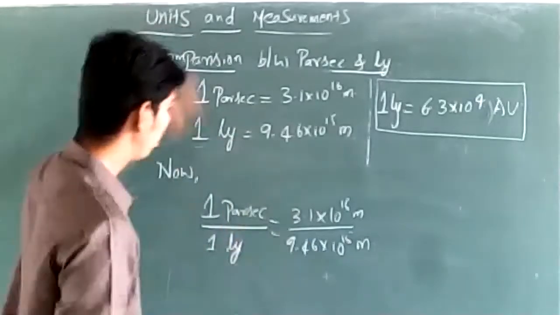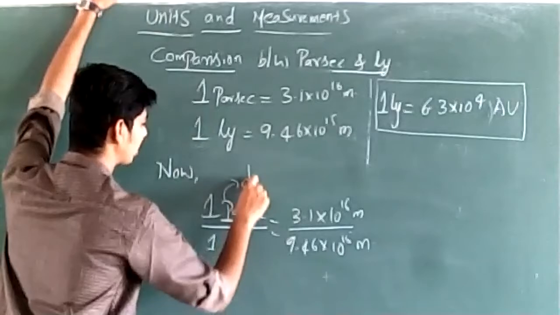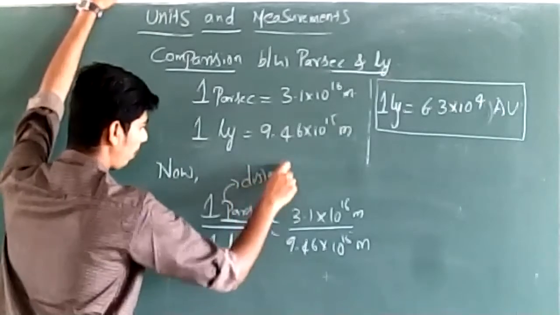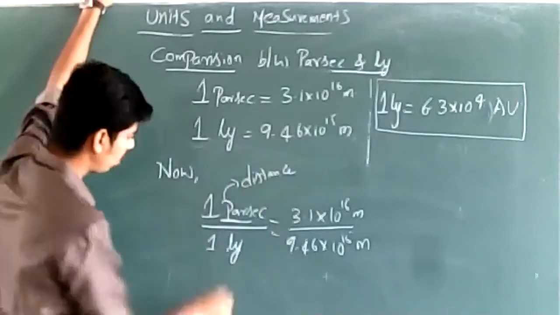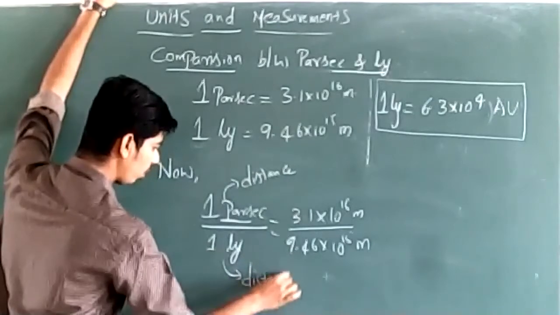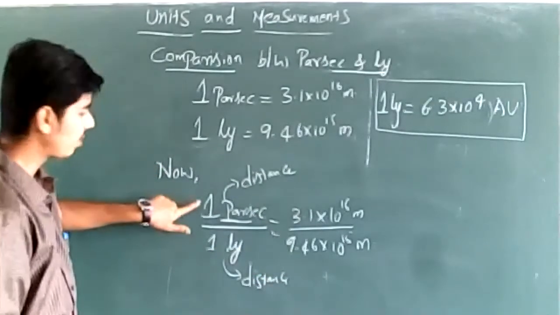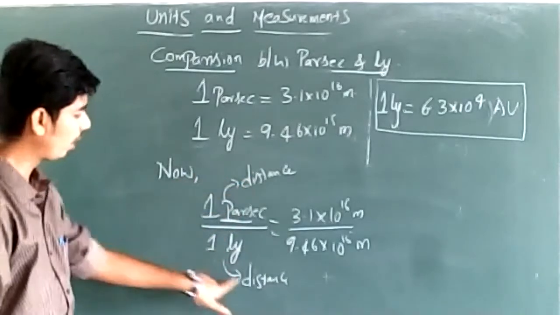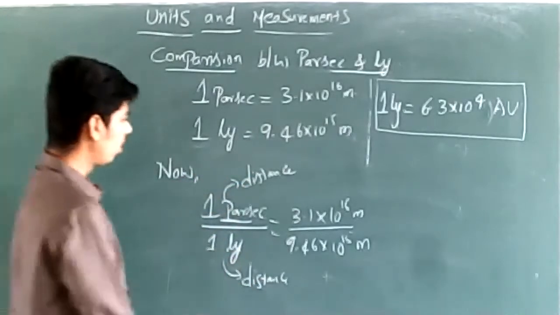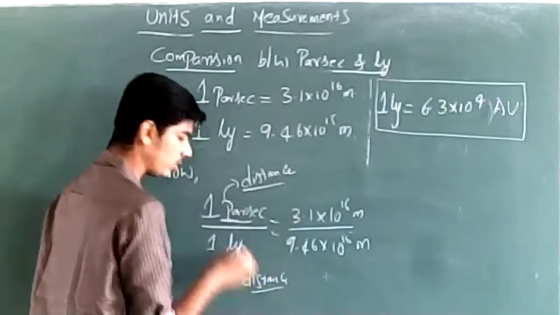See, observe one thing. 1 parsec is a unit of distance. 1 light year is also a unit of distance. ಇವೆರಡು ಯಾವುದು ಯೂನಿಟ್ಸ್? ಡಿಸ್ಟೆನ್ಸ್ ದ ಯೂನಿಟ್. ಕರೆಕ್ಟ್ ಅಲ್ಲ? ಹಾಗಾದ್ರೆ both are same physical quantities. ಇದು ಡಿಸ್ಟೆನ್ಸ್, ಇದು ಡಿಸ್ಟೆನ್ಸ್.